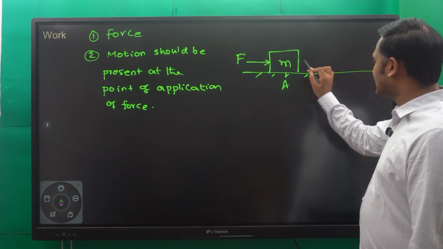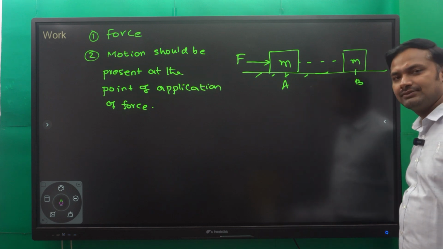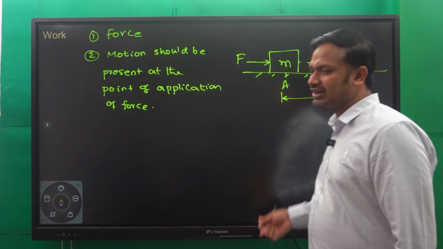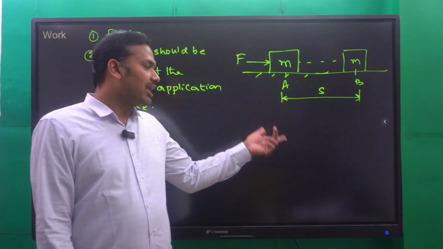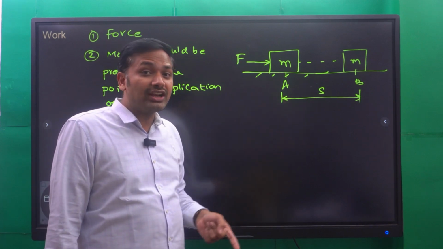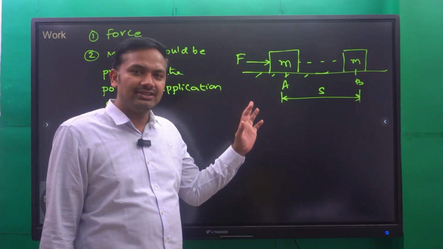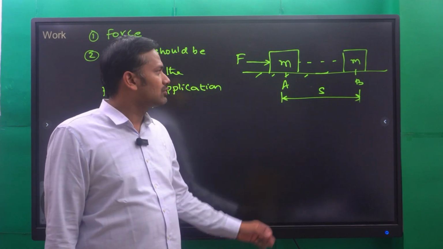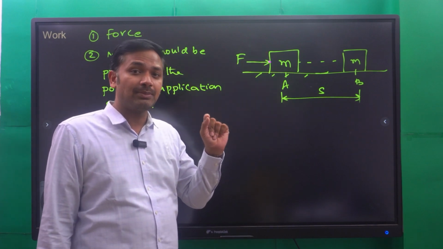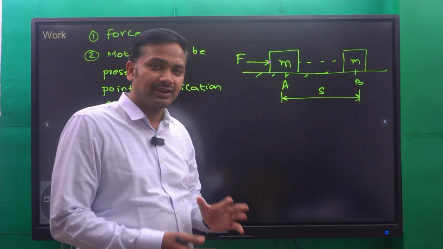After some time it started moving and reached point B. Because it is in a straight line, distance and displacement are the same. The displacement is along the direction of the applied force, so at the point of application there is motion of the object.